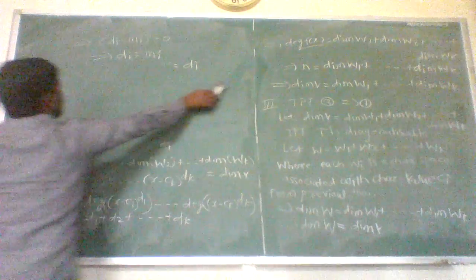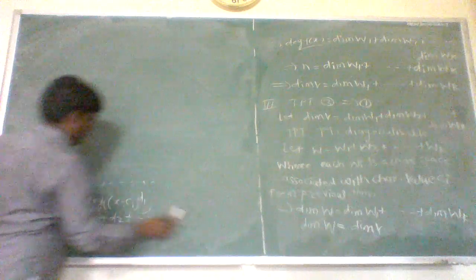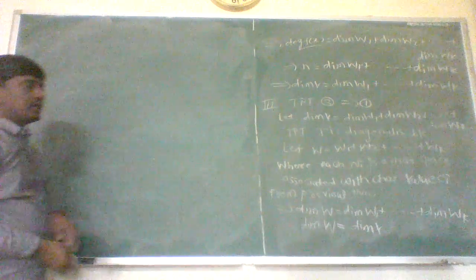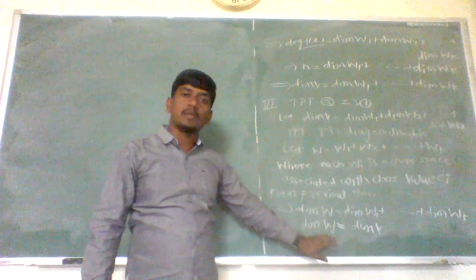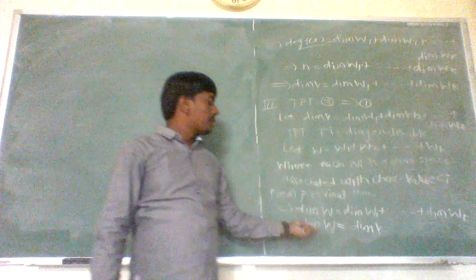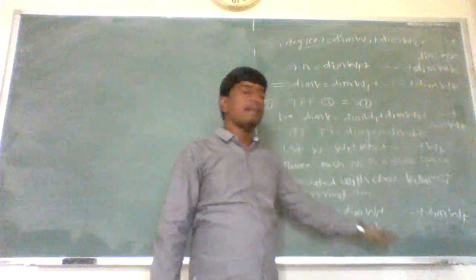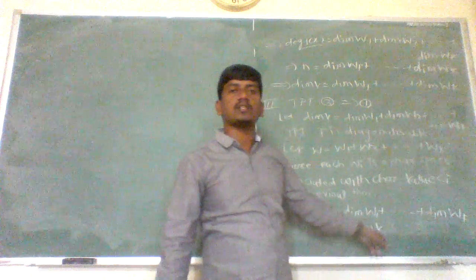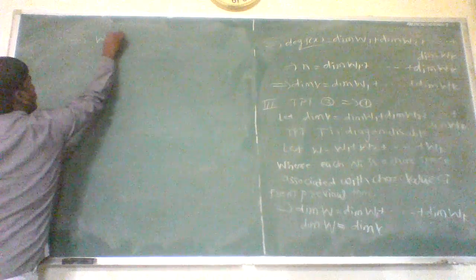Since W is any subspace of a vector space V, there are 3 possibilities: either W is a zero subspace, or W is any proper subspace of V. But given that dimension of W is equal to dimension of V, W is not a zero subspace and W is not a proper subspace of V. If it is a proper subspace, then its dimension must be less than dimension of V. But here as dimension of W equals dimension of V, W is nothing but V itself, which implies W is equal to V.